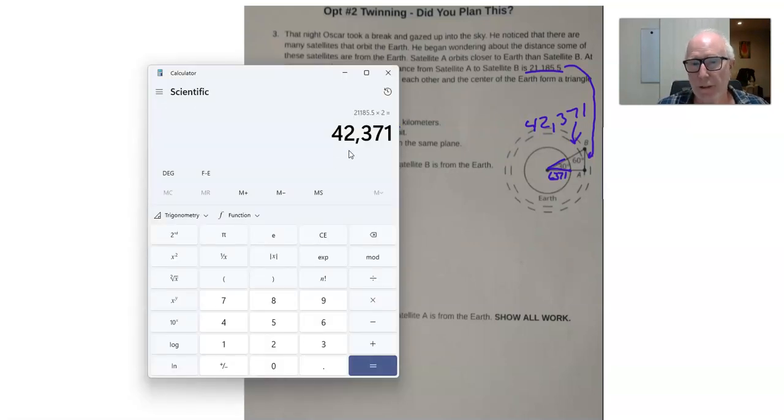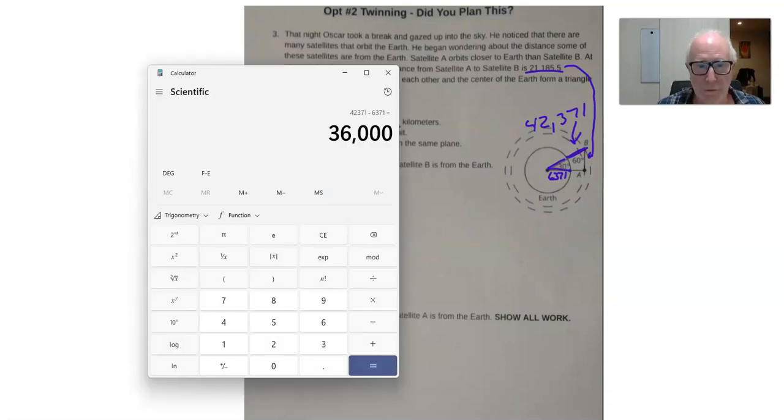Okay, so we take this 42,371 and we subtract out the 6371, and that gives us the distance from the Earth to point B, okay, which was 36,000. So 36,000 kilometers is the distance from satellite B to Earth.